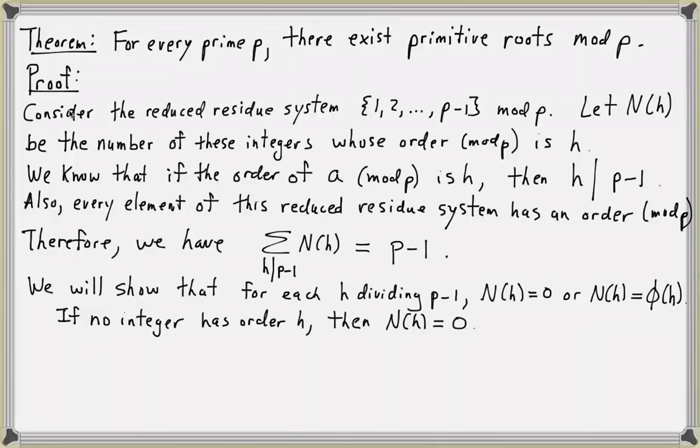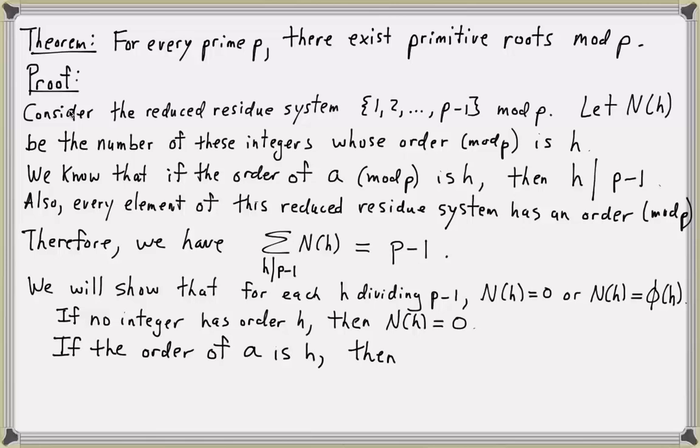So now let's suppose that there's some element, called a, that has order h. So if the order of some element a is h, then we're going to show that capital N of h must be phi of h.